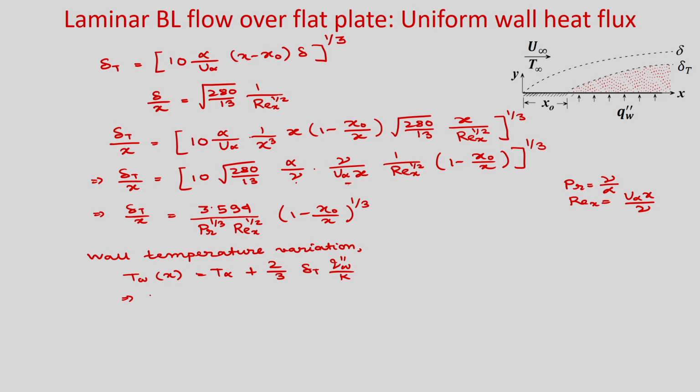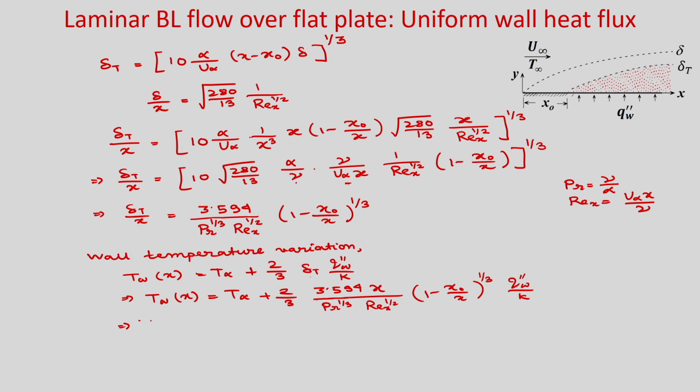So, if you put this expression, then you will get T_w(x) is equal to T infinity plus 2 by 3. Now, delta T you put this expression. Okay. So, it will be 3.594 x divided by Prandtl number to the power 1 by 3 Re_x to the power half, 1 minus x naught by x to the power 1 by 3, q double prime w by k. Okay.